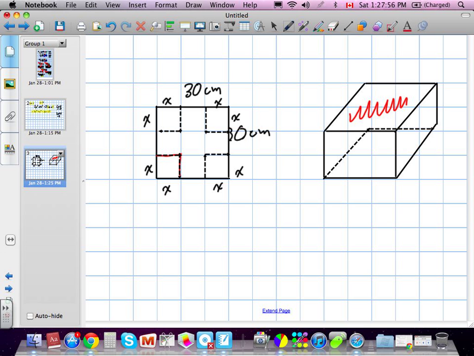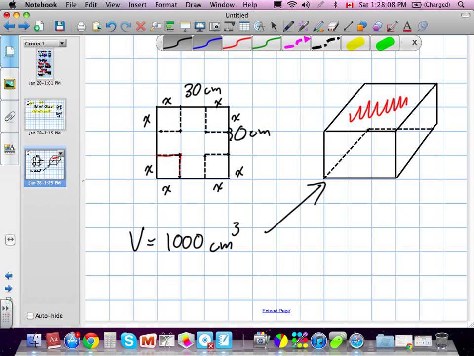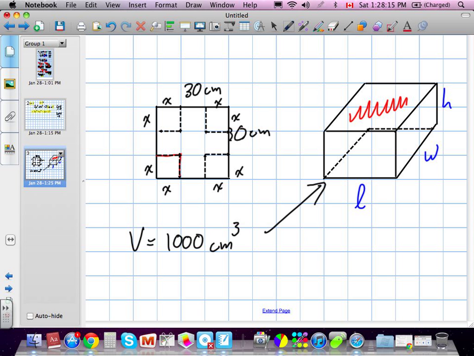So our volume is 1,000 centimeters cubed. Okay? So they're referring to this box here having a specific volume. We need to figure out what the length, the width, and the height of this box are. Now I know I've drawn a rectangular box, but because these are all even and we started with an even length and width, we're essentially dealing with a cube.